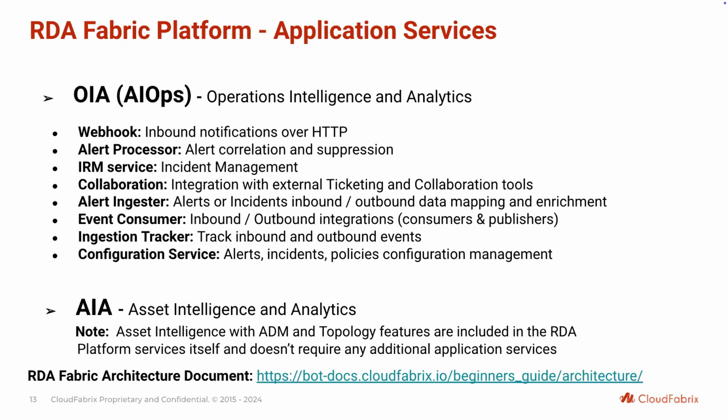As part of the platform, all of the asset intelligence capability is included as part of the RDA platform services itself. So it doesn't require any other application services like the AIOps service.